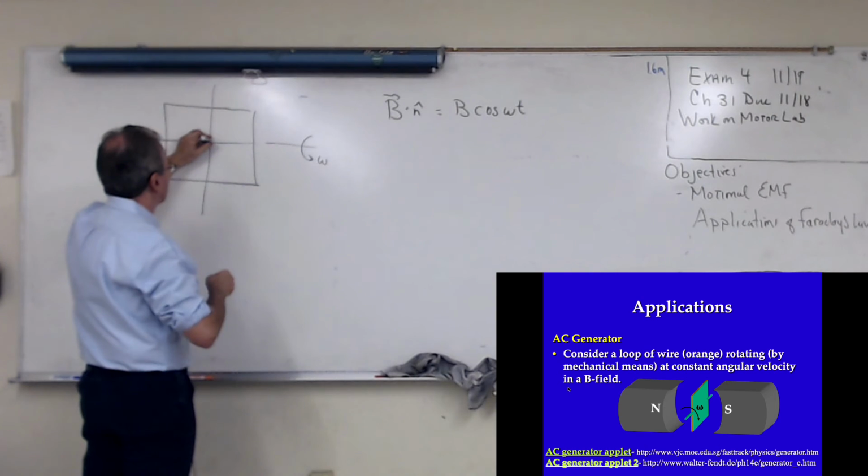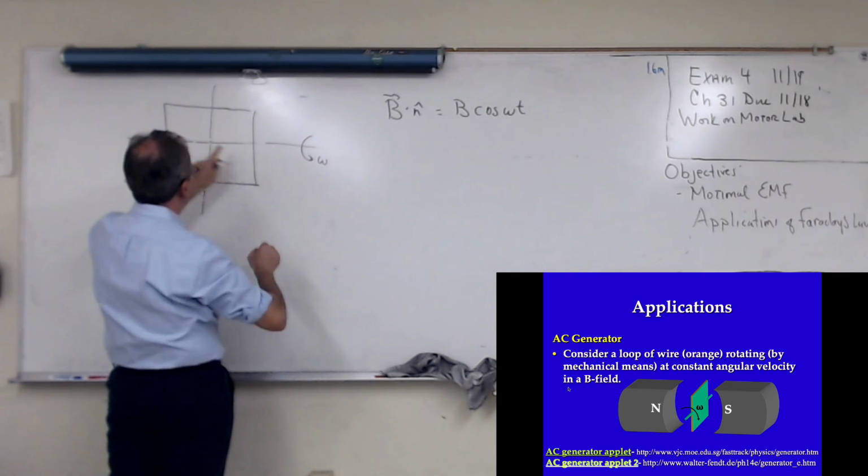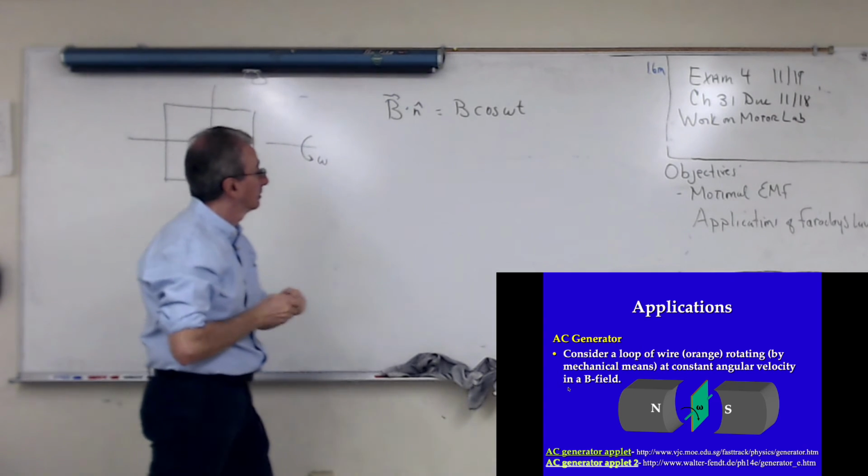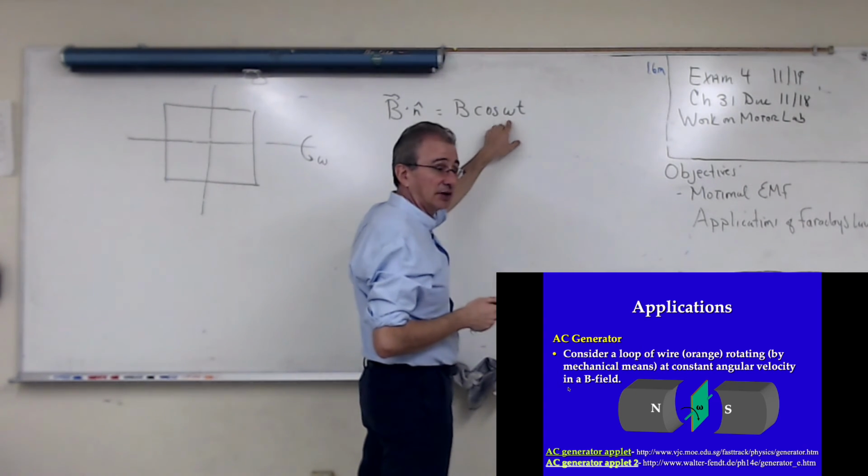So imagine the magnetic field is in or out of the board, and this thing is rotating either this way or the other way. The angle between B and the normal to the surface is constantly varying, and is given by this expression.